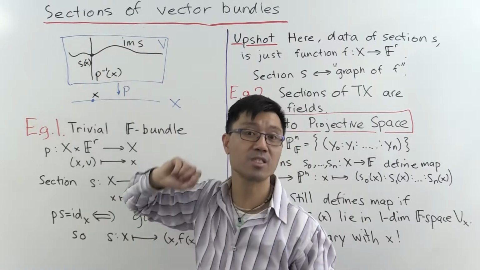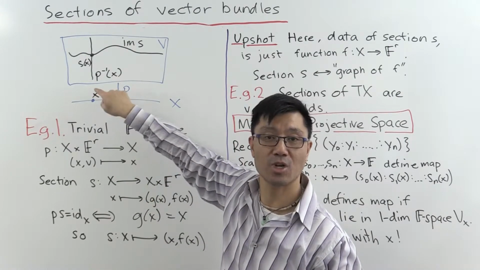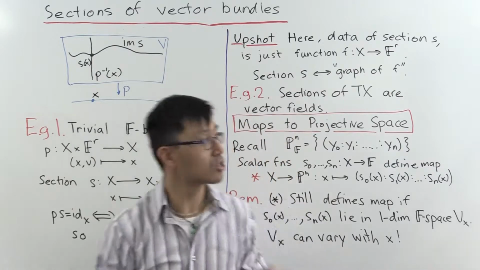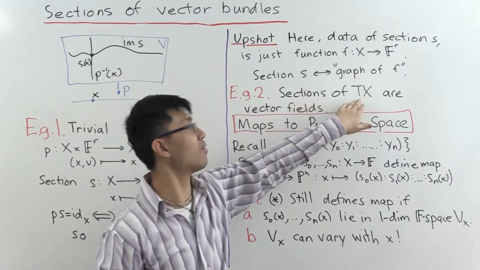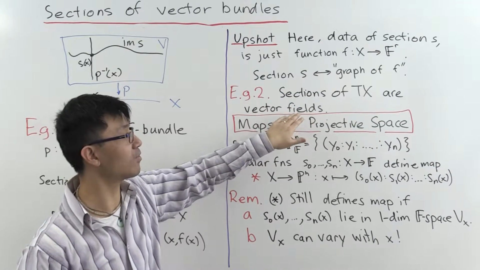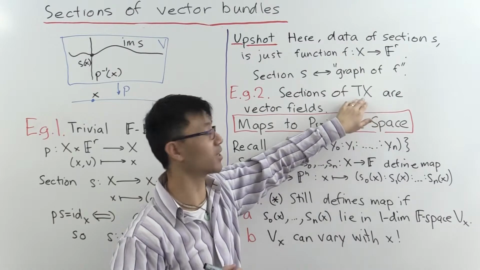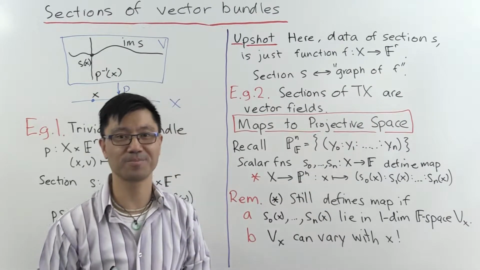And a point in the tangent space is just a tangent vector at that point. So of course, sections of the tangent bundle are just smooth or holomorphic vector fields, depending on whether you're looking in the category of smooth manifolds or the category of complex manifolds.